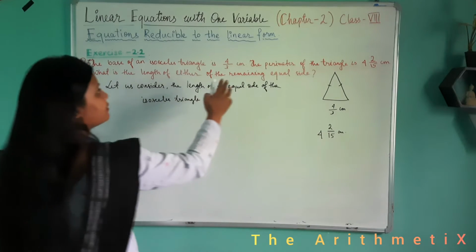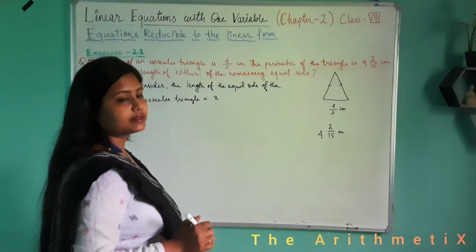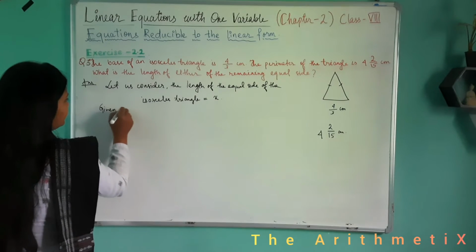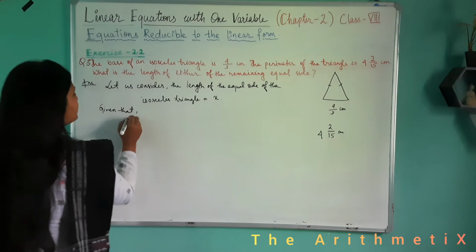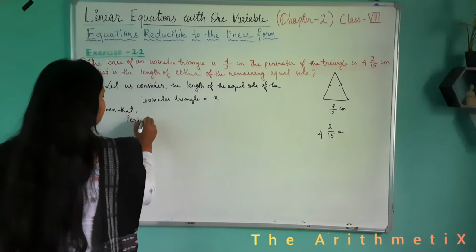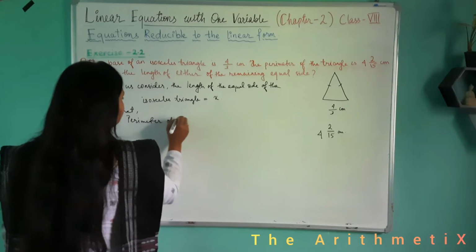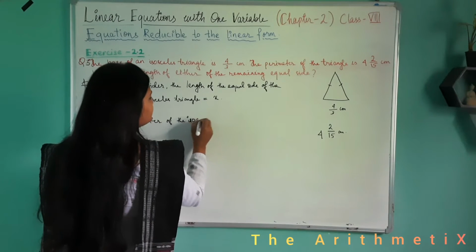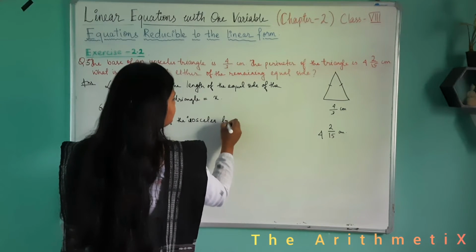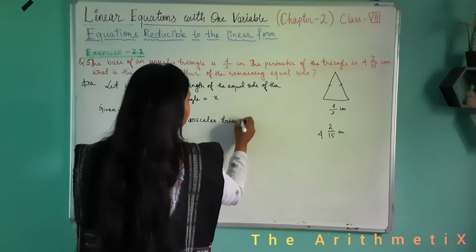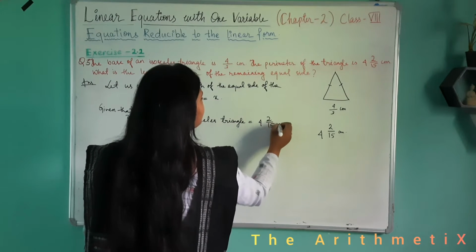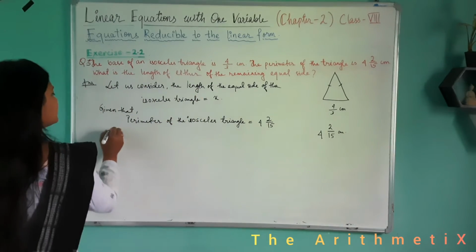Again, we are given the perimeter of that triangle. Let us write the statement first. Perimeter of the isosceles triangle is equal to 4 whole 2 upon 15.